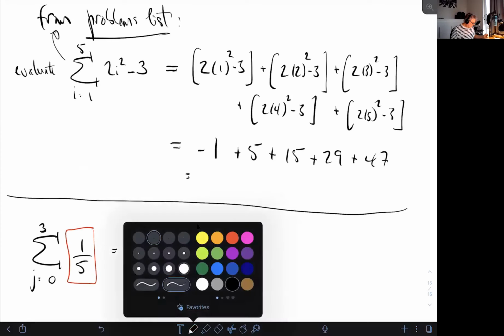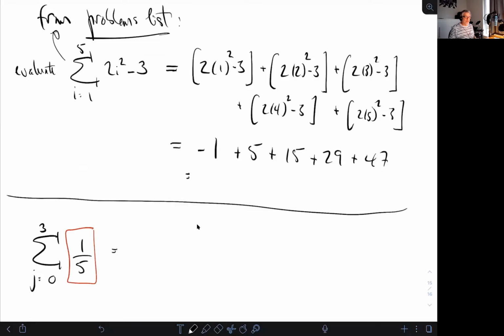Machines are not smart. They just do what they're told, okay? So what you're supposed to do is take that expression, evaluate it at all the values of the index j from 0 to 3. You get a result and you add all of these things up, okay?